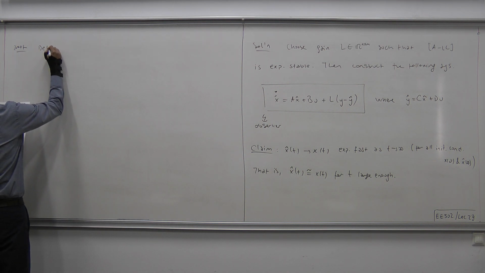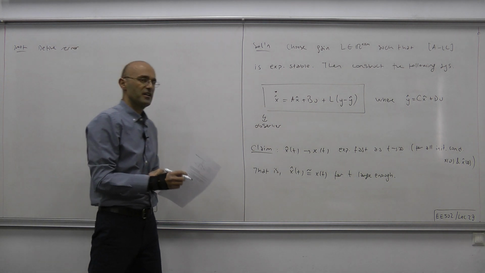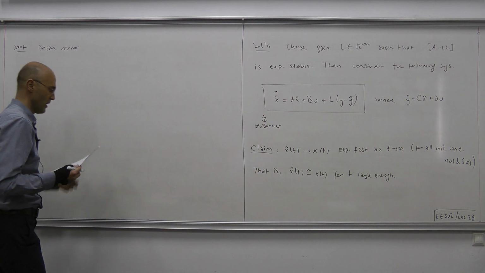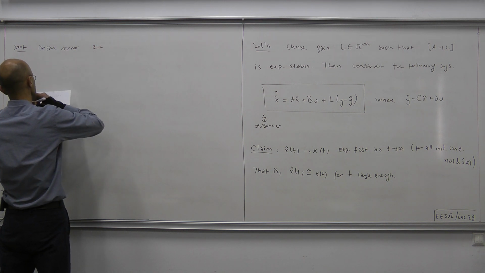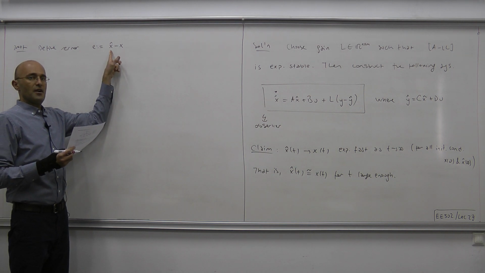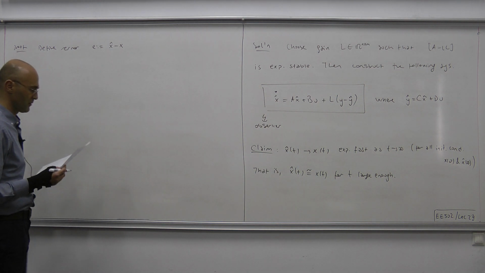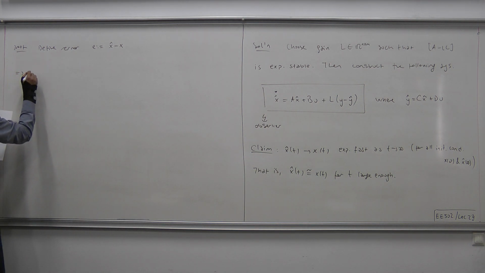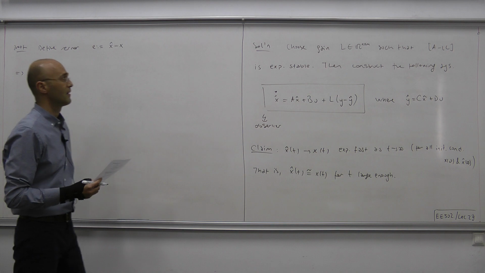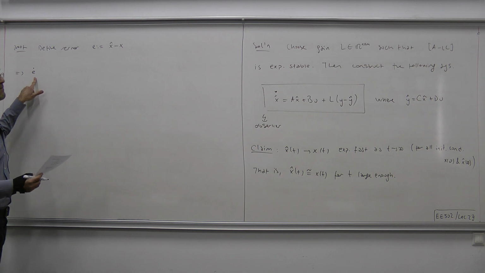Define the error signal, that is, the signal that shows how good your approximation is at any given time. E is defined as x hat minus x. This is the estimate produced by your computer, and this is the actual state of the plant. Let's try to figure out the evolution of E, and for that, a good way seems to be figuring out the derivative of E. So what's E dot?